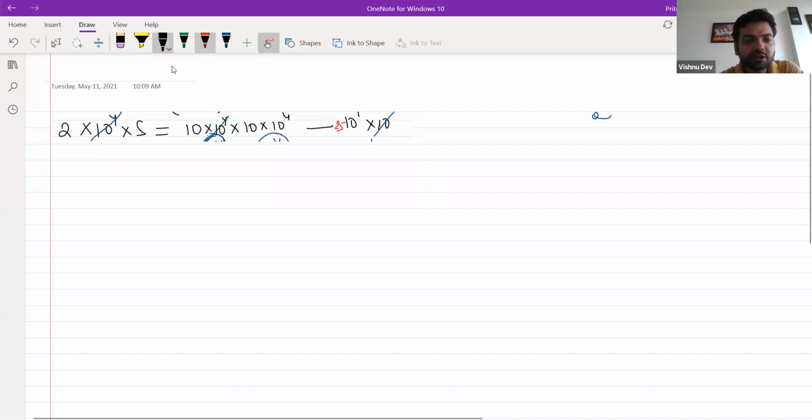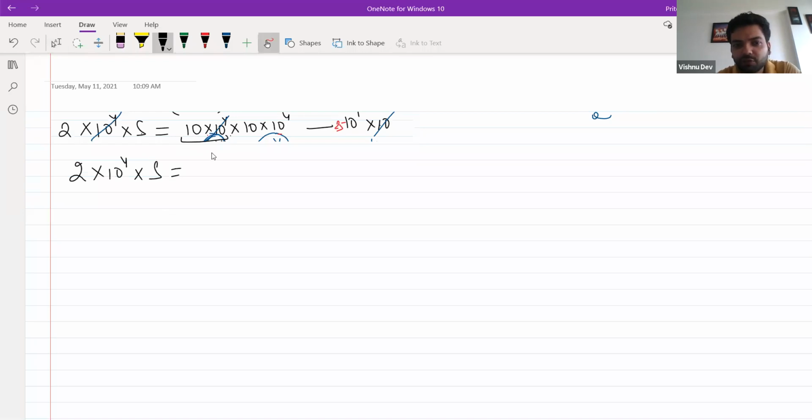So we were at this part of the calculation. We have 2 into 10 to power 4 into s is equal to 10 into 10 to power 4. Why have I not cancelled or combined this?